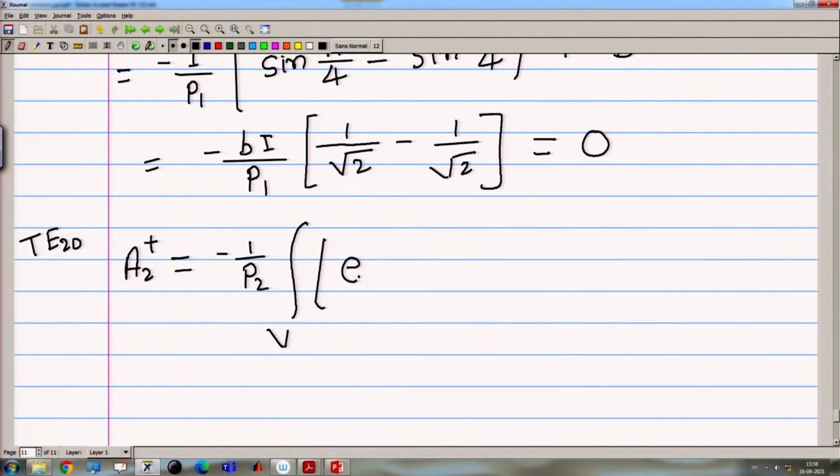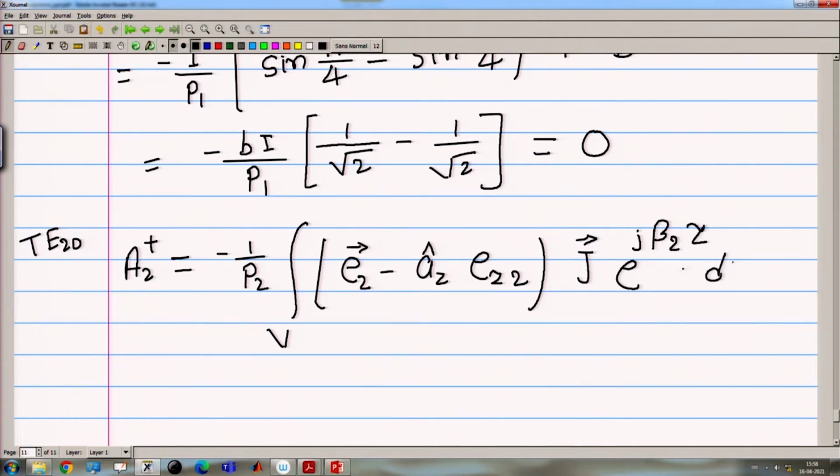So, that will be E2 minus A z Ez2 into j, so j into j e to the power j beta 2 into z into dV.